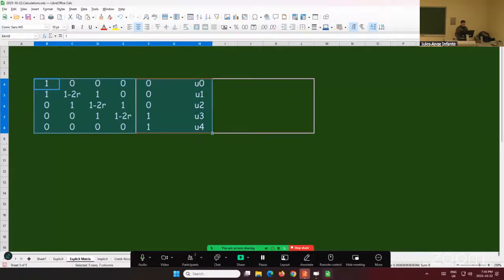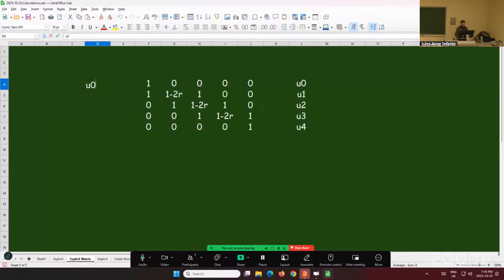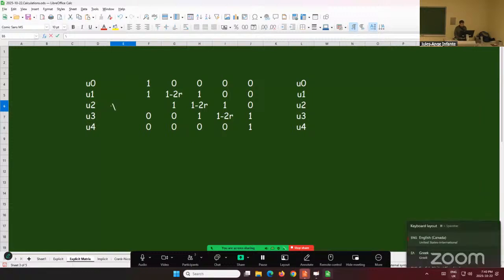And I can say U0, U1, U2, U3, U4 at the next time is equal to that matrix times that vector.